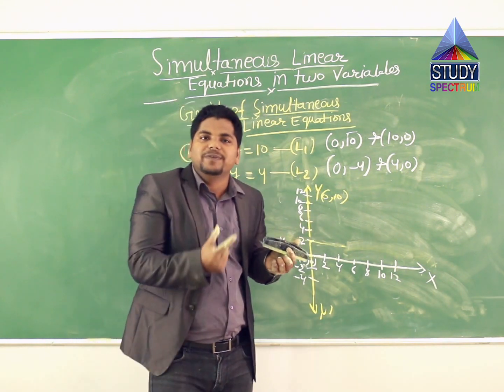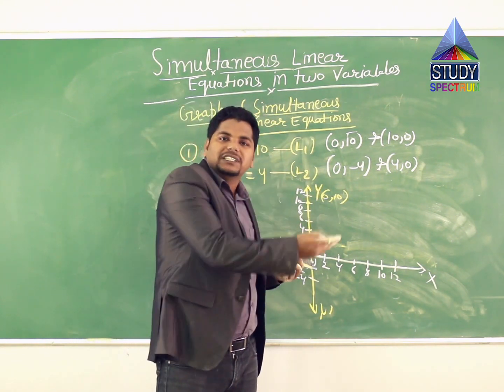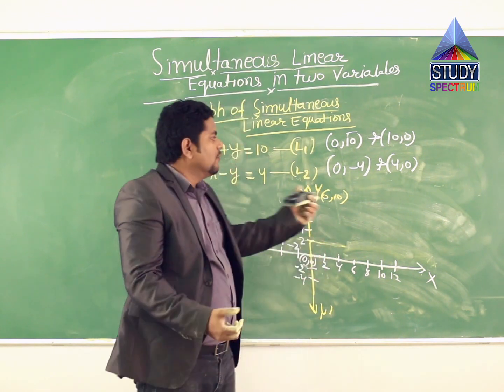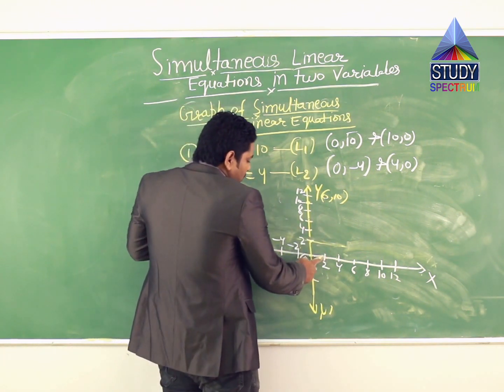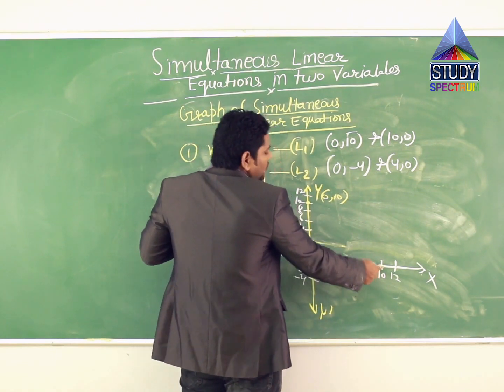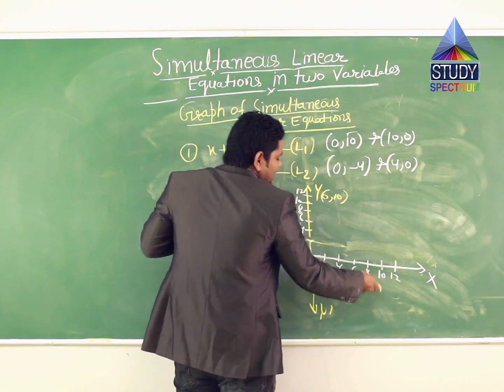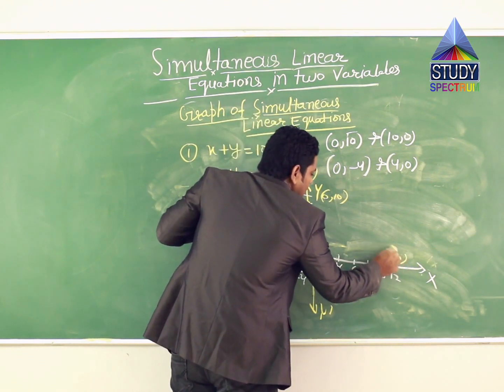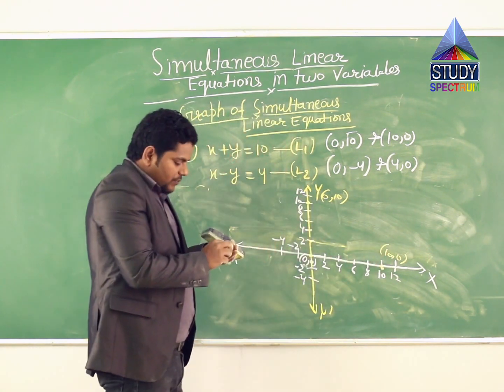It means we have moved 10 units in the positive x direction, and we have not moved any unit in the y direction. So 2, 4, 6, 8, 10, but no unit in y direction. So this is the point 10, 0. Now make them join.